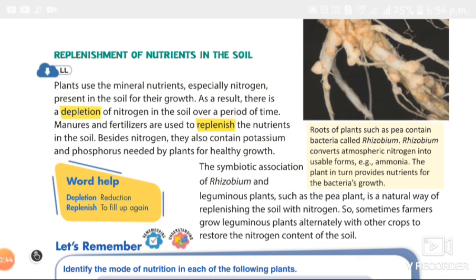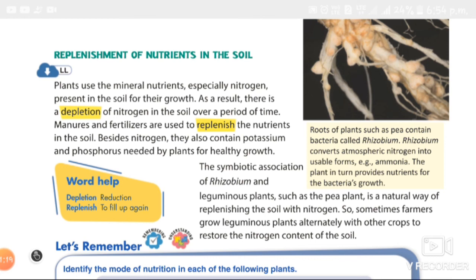After growing a crop such as wheat, rice or maize, farmers usually grow a crop such as bean, peas or gram, that means black gram, green gram, anything, to maintain fertility of the soil.